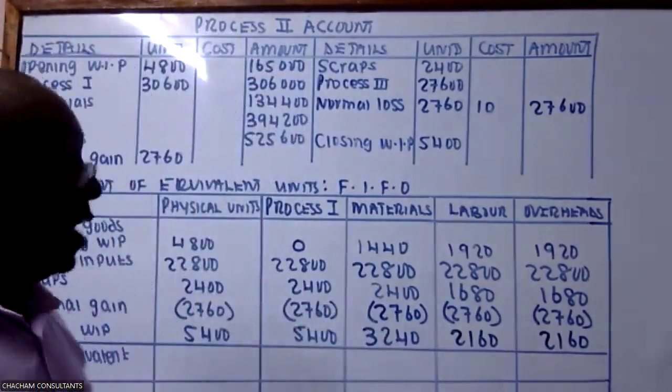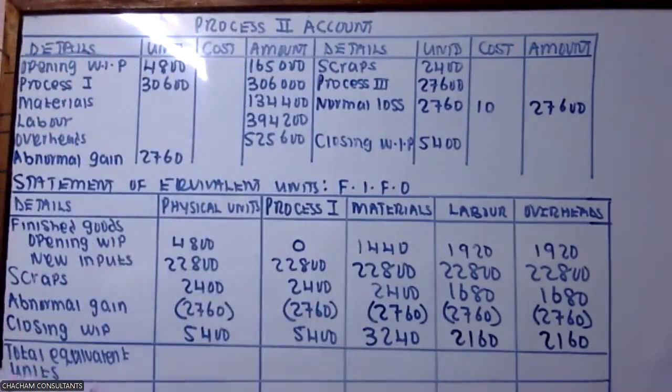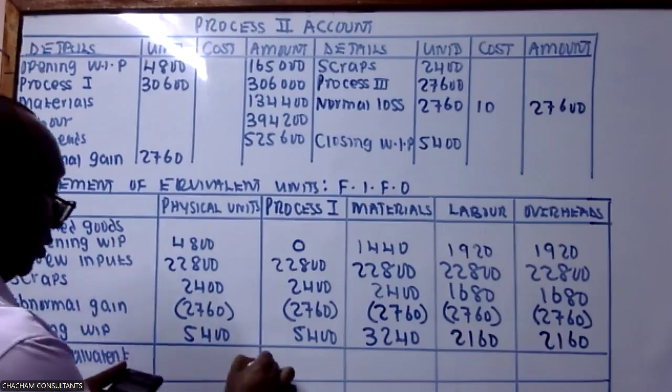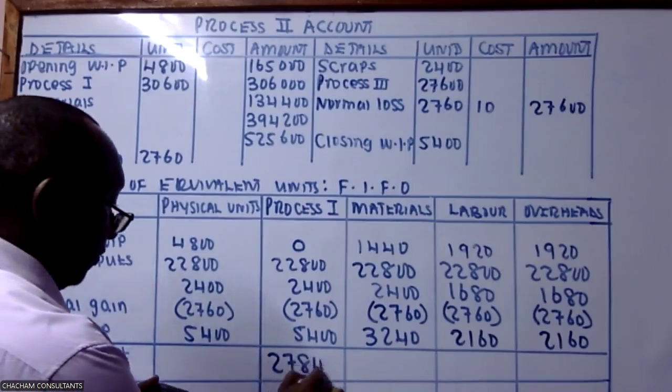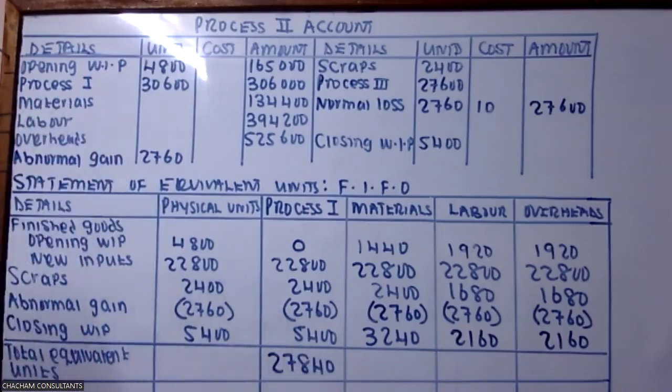So from there now you add. We normally add from here. 22,800 plus 2,400 minus 2,760 plus 5,400. That is 27,840.